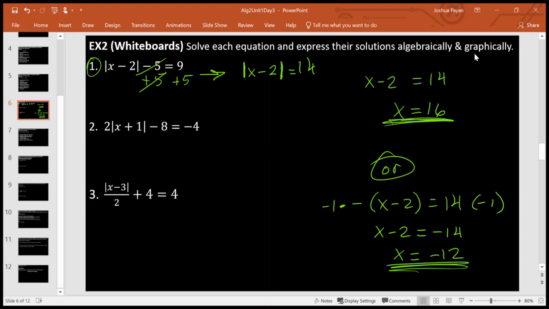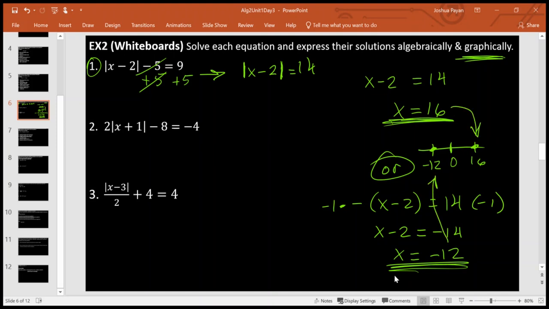And we're told to also represent the solution graphically, so we can go ahead and do that. I know 16 is going to be here, we'll say negative 12 is here, and 0 is going to be somewhere in between. It's going to be closer to the negative 12 just because negative 12 has a smaller magnitude, right? And those would be my two solutions.